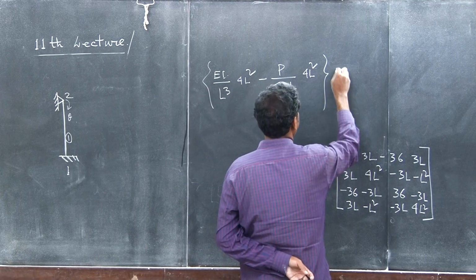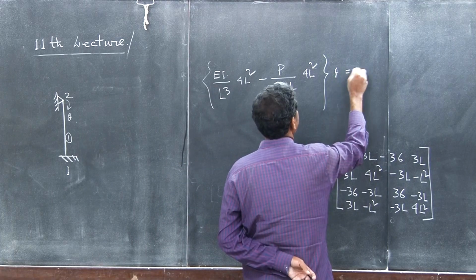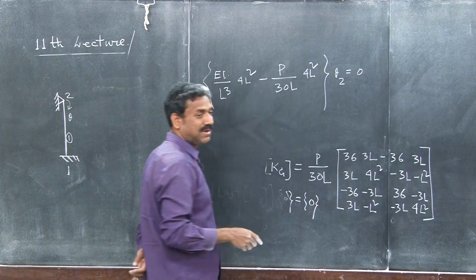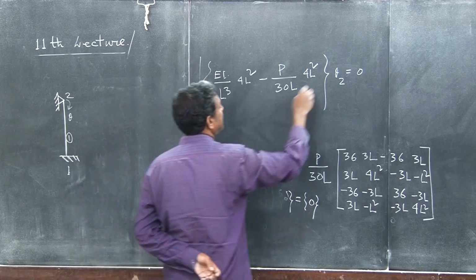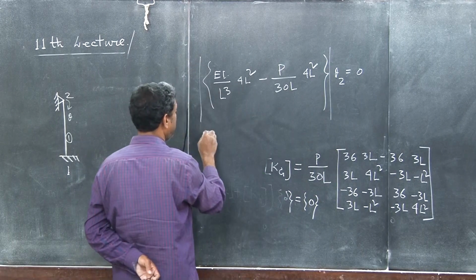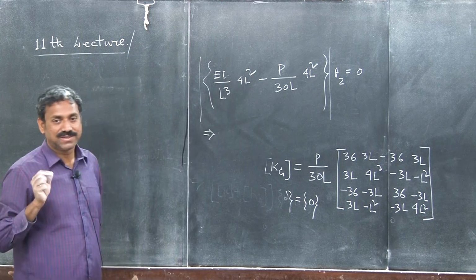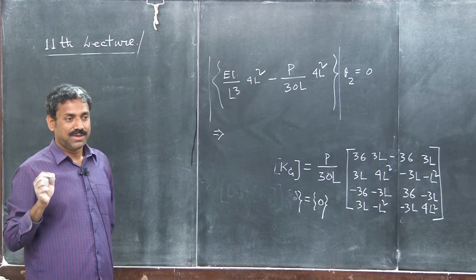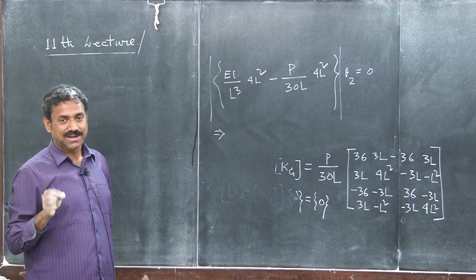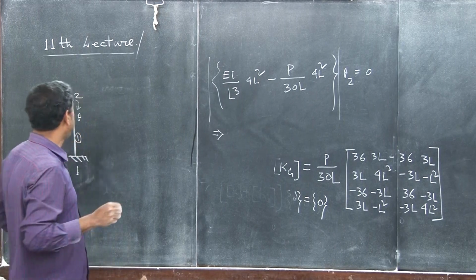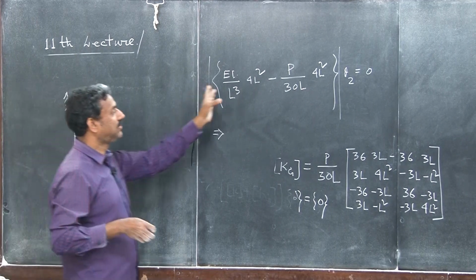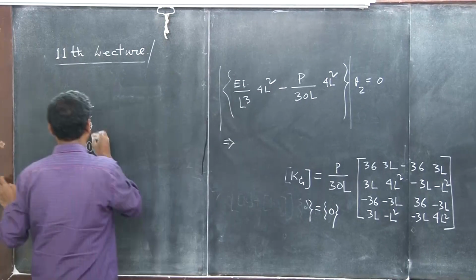This into theta 2 is equal to 0, right. So this must be 0, you see. Essentially it is only a single term assembly, because there is only one theta. I am just taking node 2, that is why theta 2.